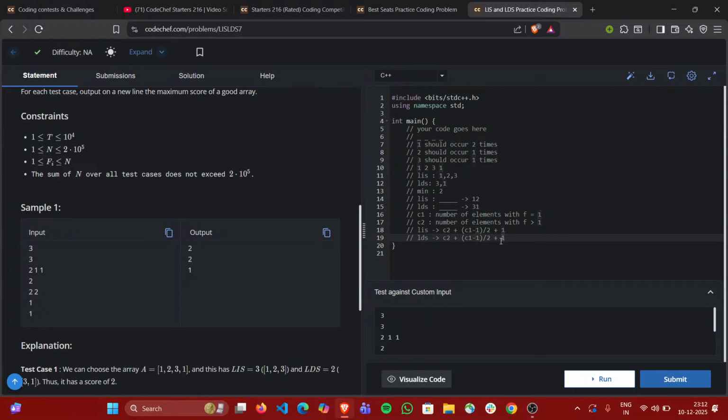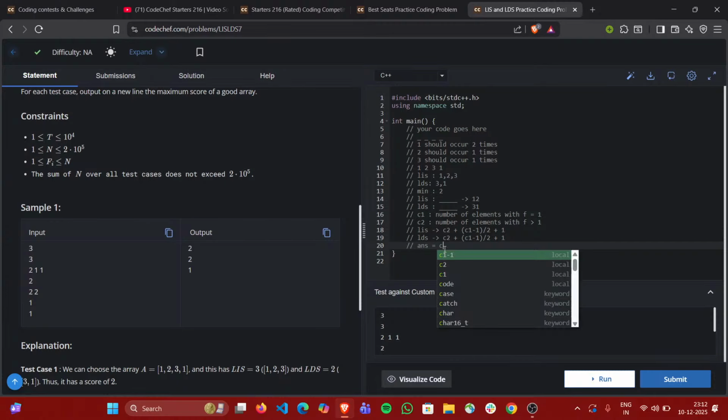So the final formula answer will be the minimum of these two, right? Because one of them might get the floor of C1 minus 1 by 2, right? So what will be the answer? Answer will be C2 plus floor of C1 minus 1 by 2.